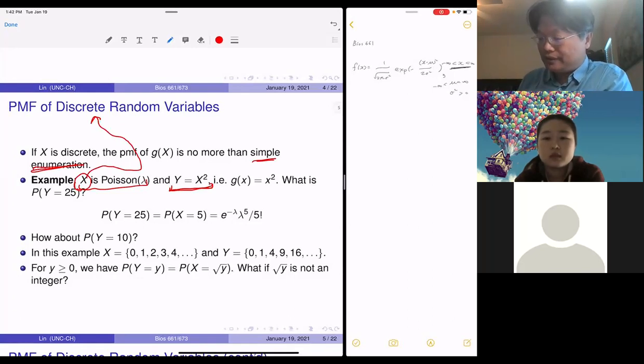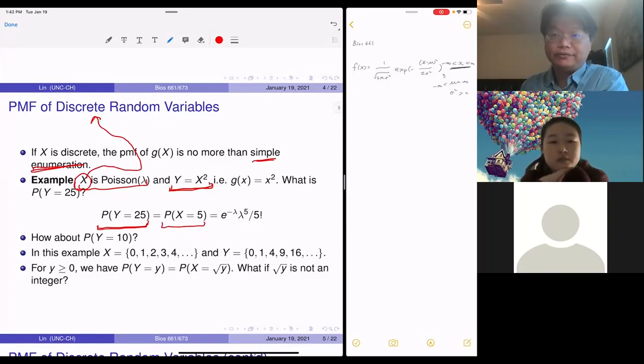For example, how do I calculate the probability of Y equals 25? Right? It's really if X is 25, nothing but X equals 5. Then you ask yourself, you are saying Y equals X squared, where is the probability of X equals minus 5 then?